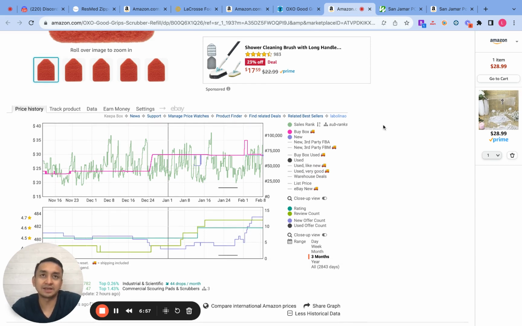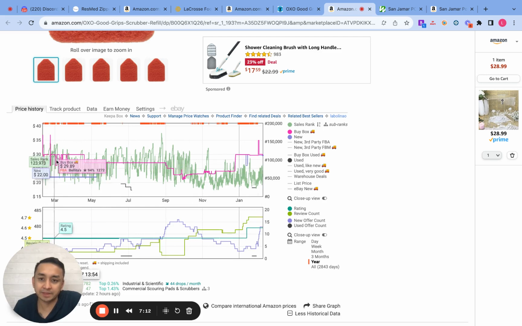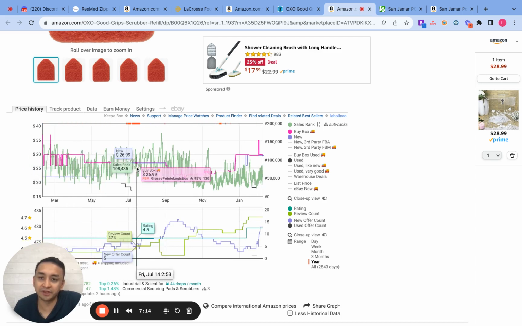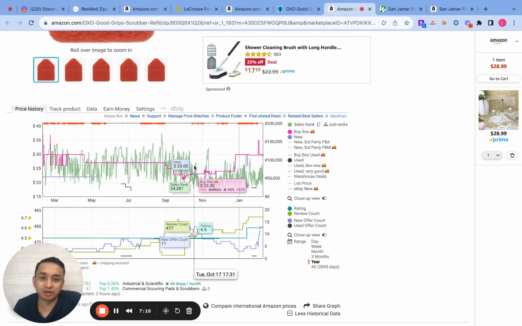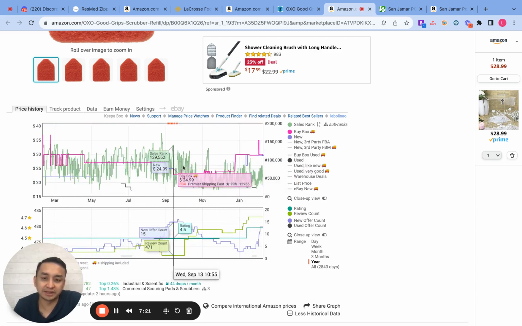So this one, I would just circle back on. I would mark this on your sheet as something that you might check in the future, just because I think this is a stable product. If you look at the green graph, the BSR or the sales rank is pretty stable, staying there.